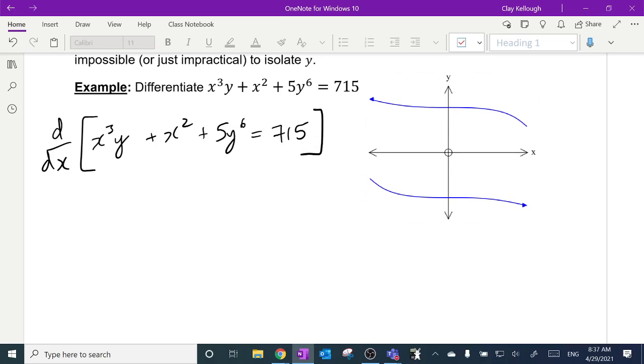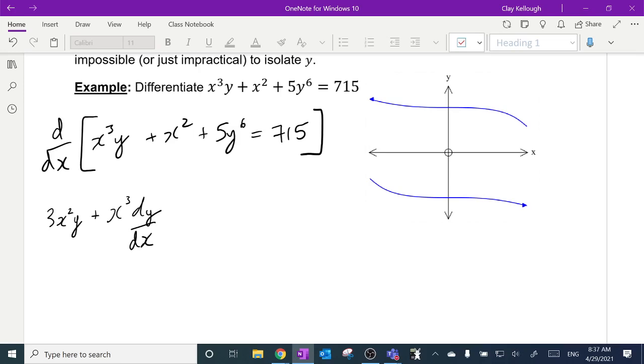And this is product rule, right? Sorry, I should have said product rule, not chain rule. Product rule of this thing says we're going to do the derivative of the first times the second. Oh, I forgot the squared. Thank you. Plus the first times the derivative of the second.